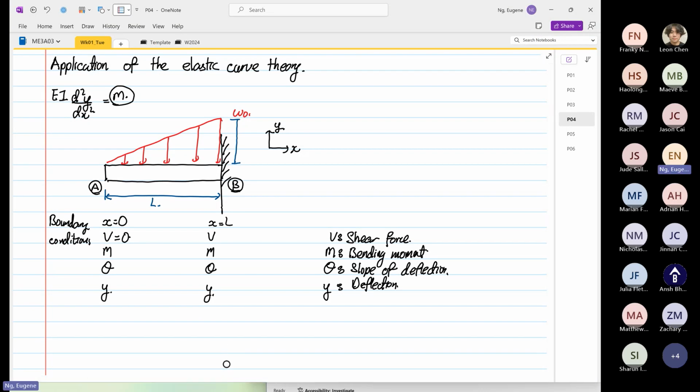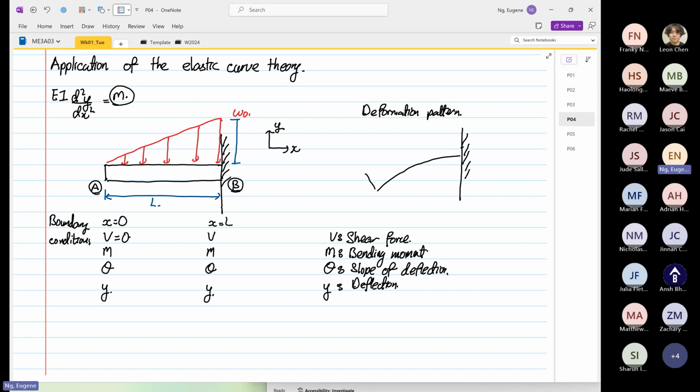So the shear force is equal to 0, and I'll explain to you why. If we see how the structure will deform, if I were to sketch the deformation pattern, the structure will deform this way.